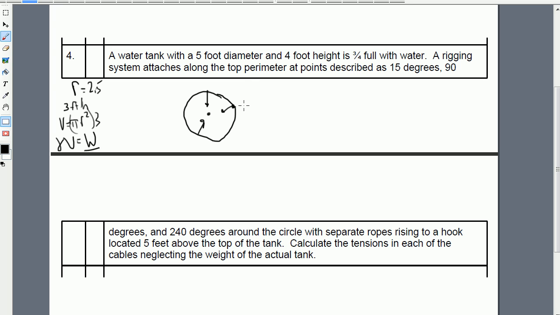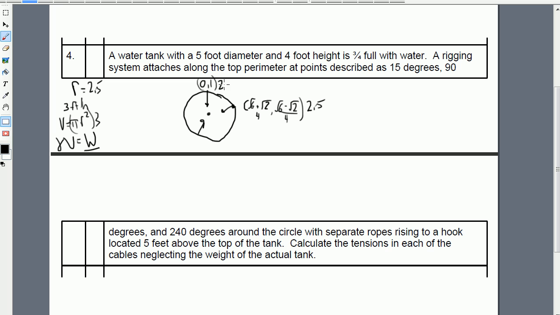So what are the locations of that? Well, if it was a unit circle, this would have coordinates at 15 degrees, think about it, of 2, 4, 6 plus the square root here, and 2, 4, 6 with a minus there. That's the two coordinates, if it was a unit circle, and then you're going to multiply it by 2.5. At the top here, obviously, it will have coordinates of 0 and 1.